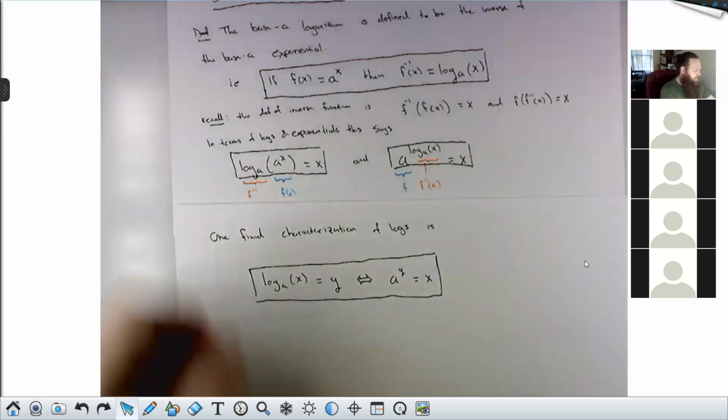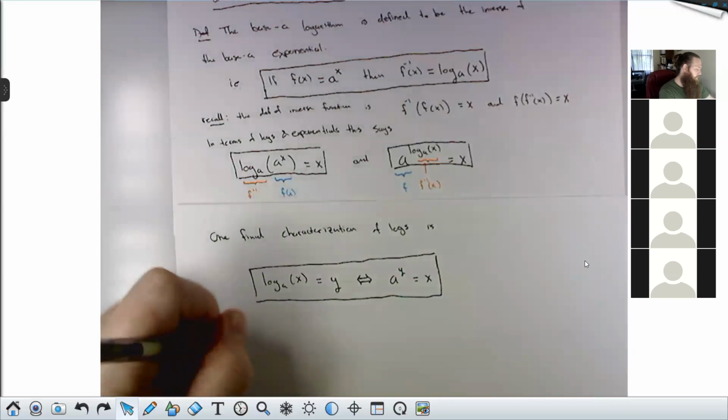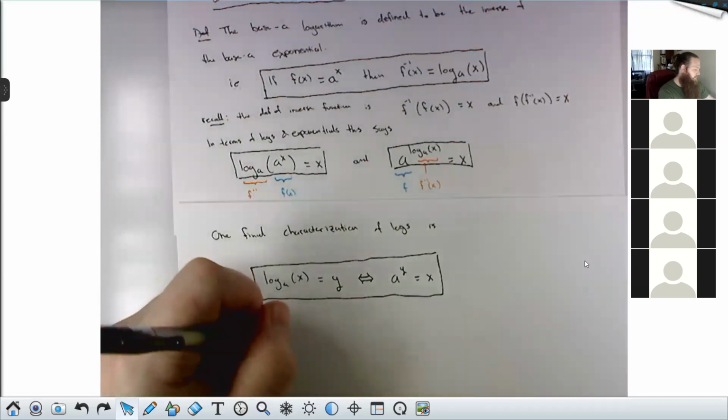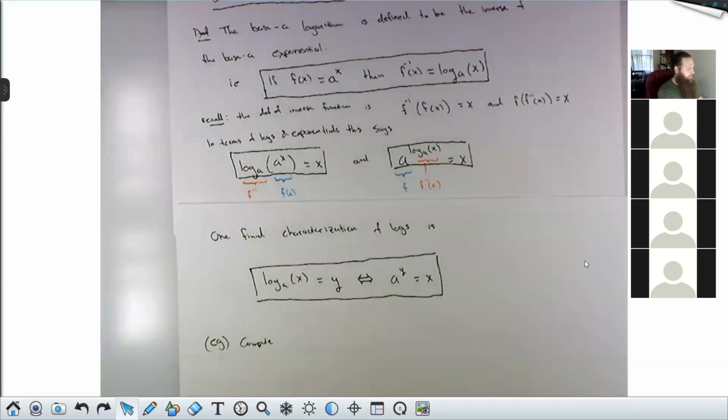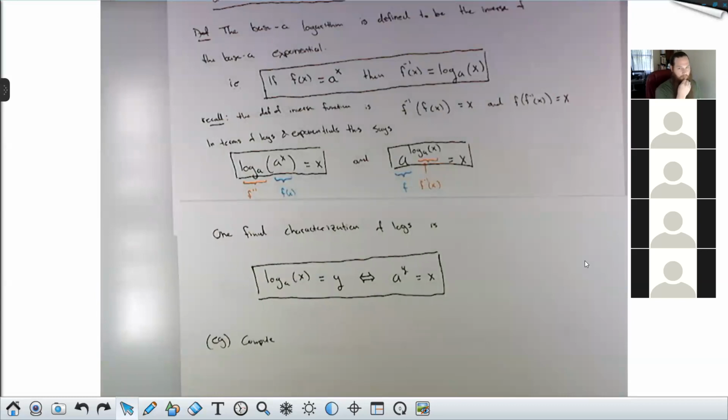Okay, so let's do a few quick little examples. Let's compute some logs. Make sure these are all three clear in your notes. I'll hold here just for a second to make sure everybody has time. So we're going to find the base pi log of 1, stuff like that.